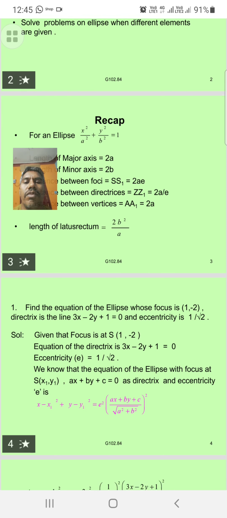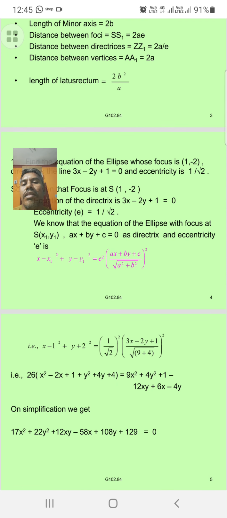Sometimes the equation is not given, only elements, and sometimes the elements are given as a particular condition, like so and so length equals so and so distance.